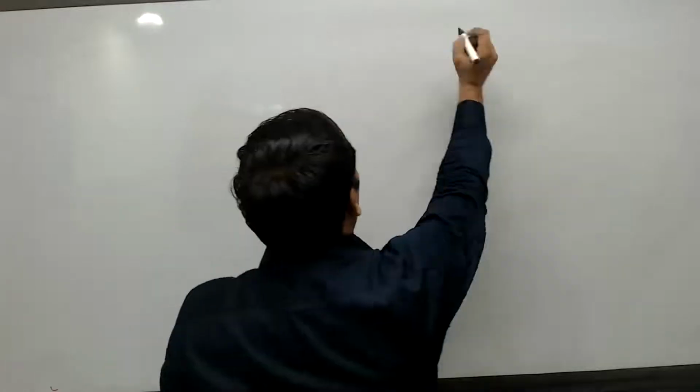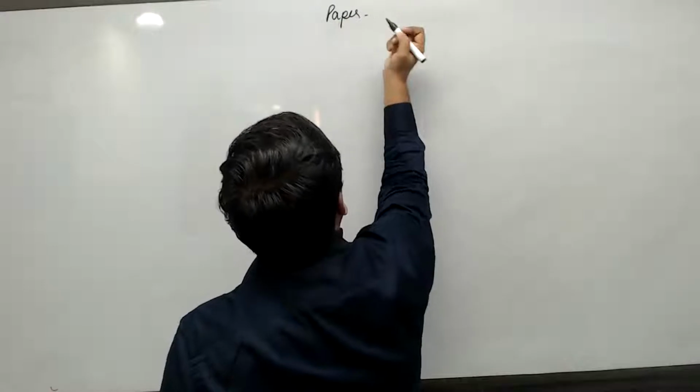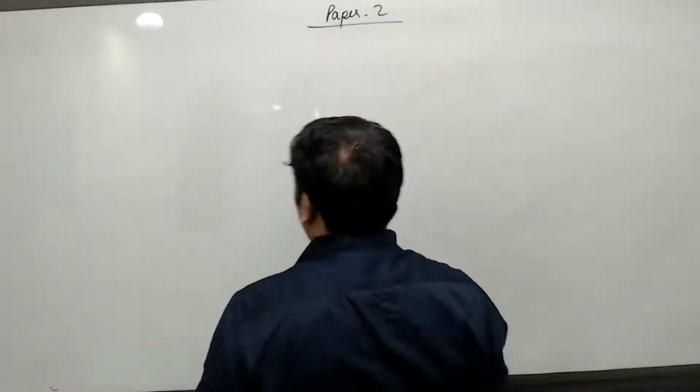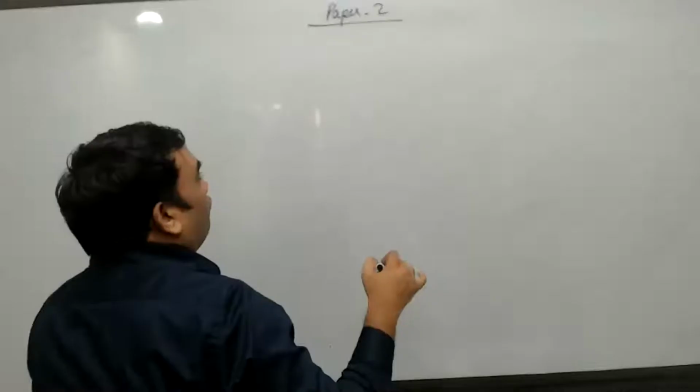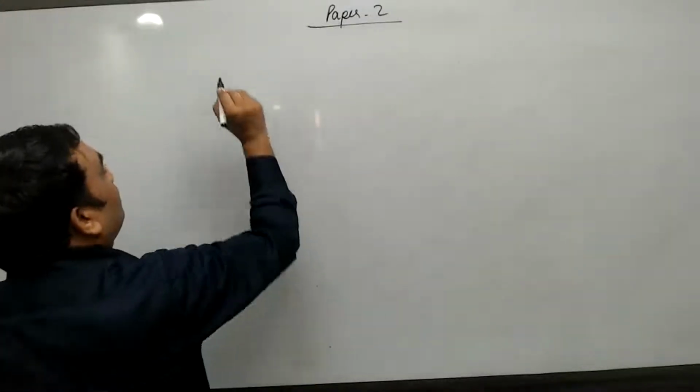Even in the first class of the second paper, so this is a paper 2 class, right? Paper 2 class of psychology optional. In the first class, I explained only one important concept.